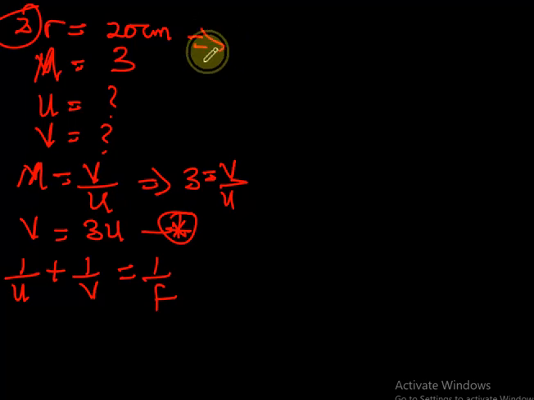So we note that radius of curvature is twice F. That shows that F will be R divided by 2.